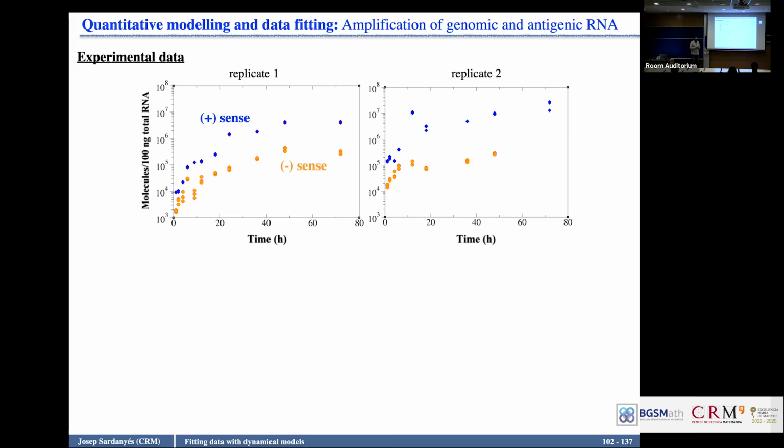Is this geometric replication? No, it's not geometric because we have a very large asymmetry. It means that we have more production of positive sense strands. And another important thing for the model: what kind of dynamics can one identify when looking at the data?